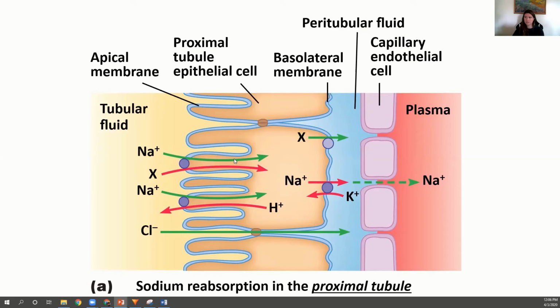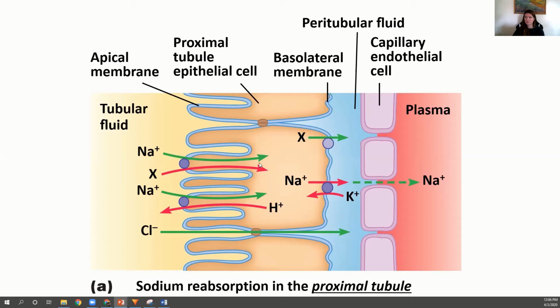So sodium is moving down its gradient from an area of higher sodium to an area of lower sodium, and it can pull stuff with it. So X here could be glucose, or it could be amino acids or something else. Probably glucose because we like to work with the easiest examples. So that's what's happening there.